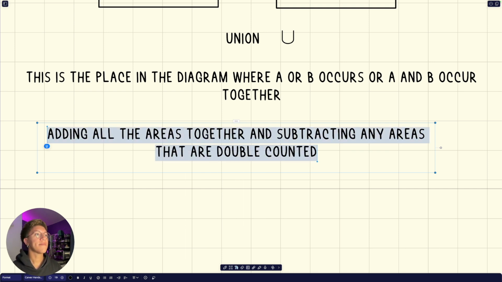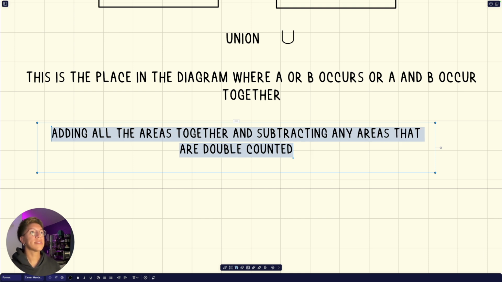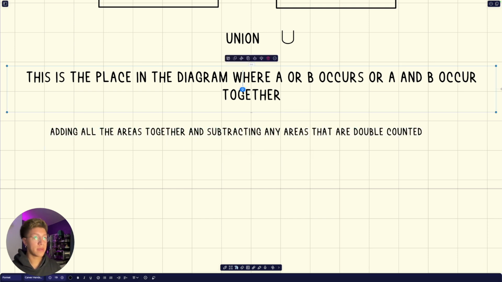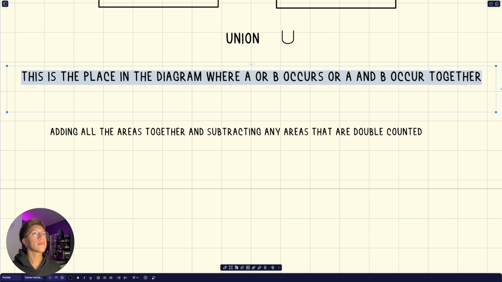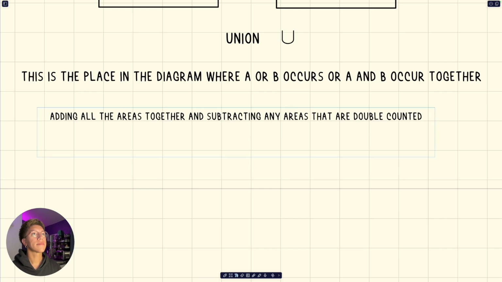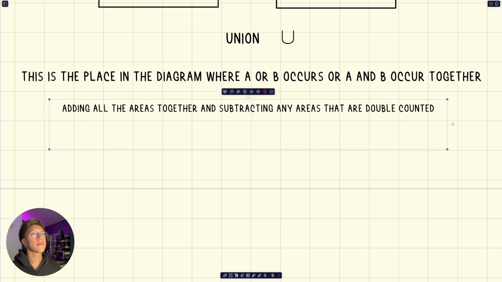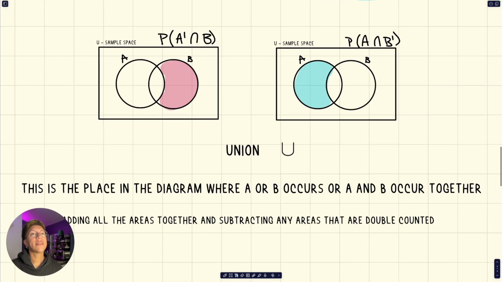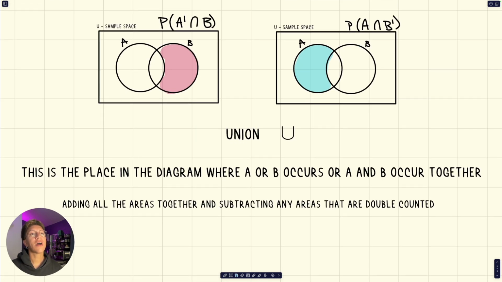I think we can probably take this down a couple of font sizes. So up here, again, we're seeing that our intersection is our AND statement. Down here, this is going to be our OR statement.